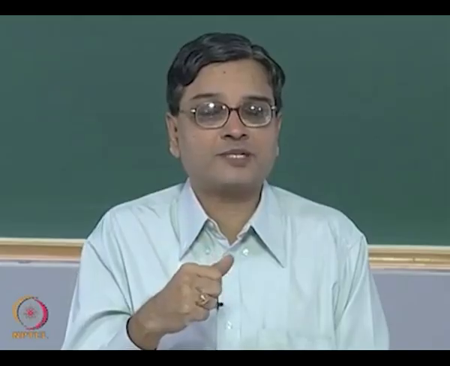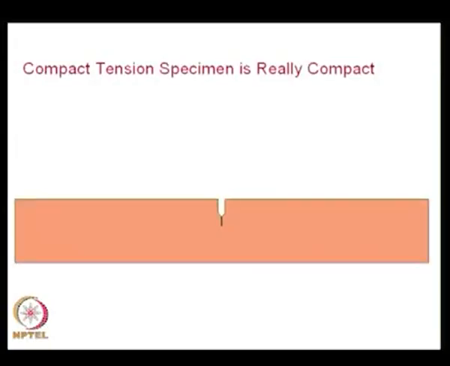So, people are ready to pay an extra price for testing a compact tension specimen, and if you really compare the relative sizes of 3-point bend specimen and a compact tension specimen, it is like this. It is only a fraction of your 3-point bend specimen you can make a compact tension specimen. So, it is going to occupy less space and you can also take them up periodically, and all these operations have to be done by robots because it is all radioactive, and people have developed robots only for this purpose, and this is done in the nuclear industry from safety point of view.